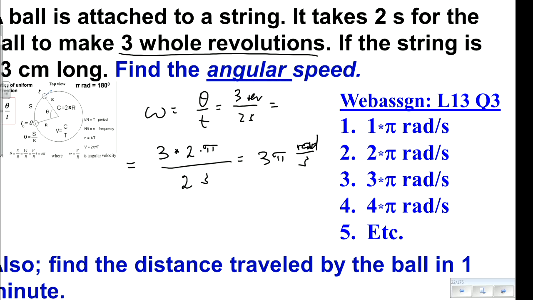It's just a weird unit of an angle. But we can transfer revolutions into radians or degrees. 1 revolution is the same as 360 degrees. So 1 revolution in 2 seconds means 360 degrees over 2 seconds, 180 degrees per second.